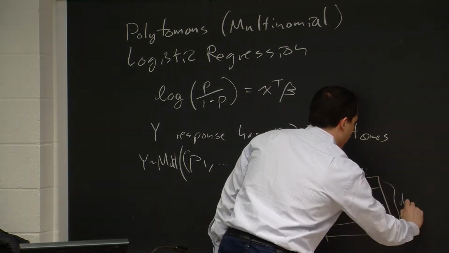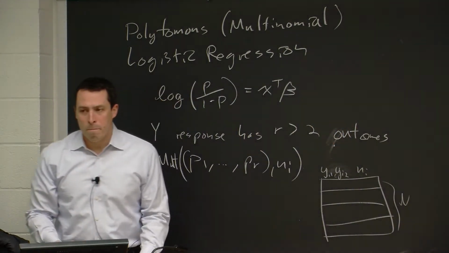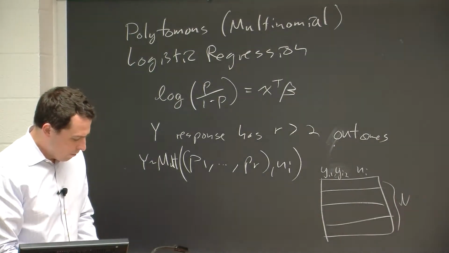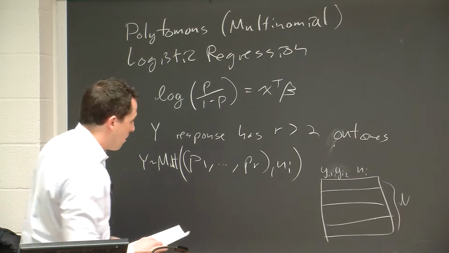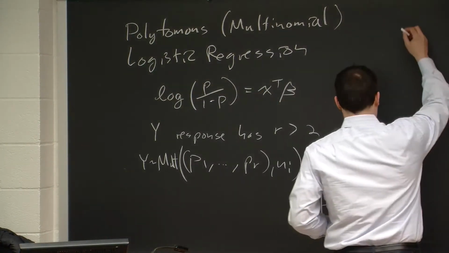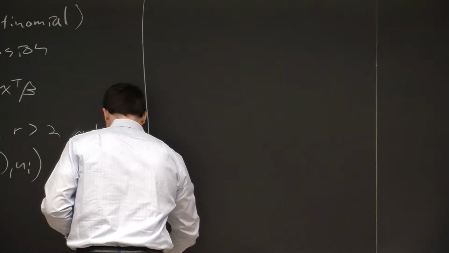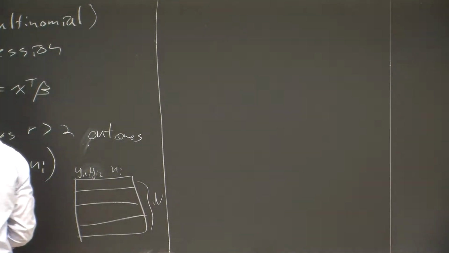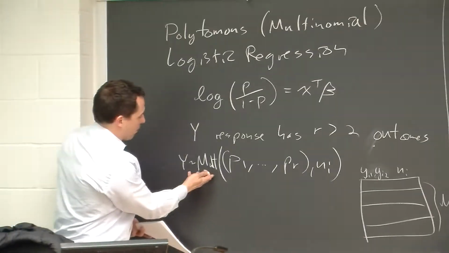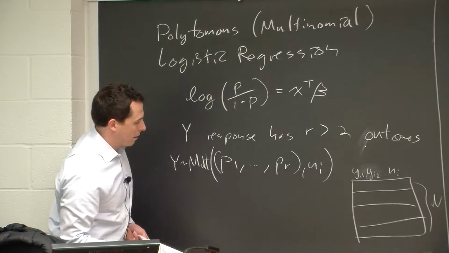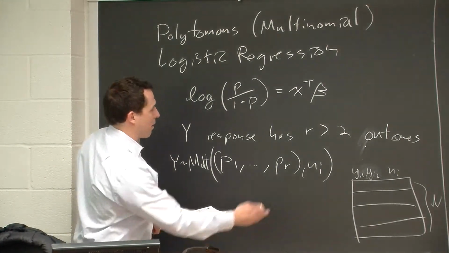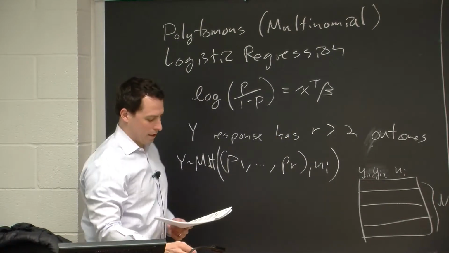There'll be big N of them, and there's some grand total. And this is going to be a generalized linear model with a multinomial exponential family with a systematic function that is just a linear function like this.